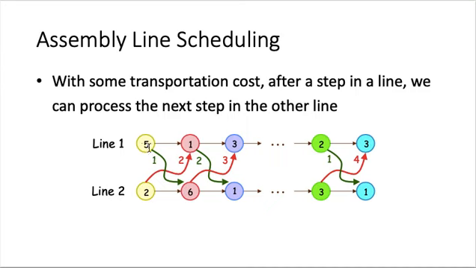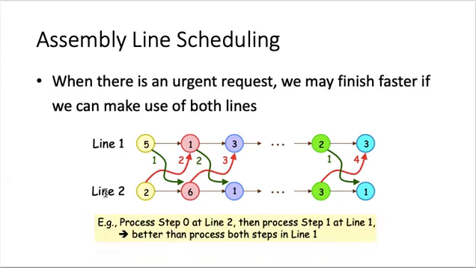So for instance, we may start at line 1 here, finishing this, but then we do transportation and then we start the next step here. Maybe after this, we can continue to do the next step here. But after finishing this third step in line 2, we may take the transportation and then move on to line 1, to process the fourth step at line 1. So it can be something like this.